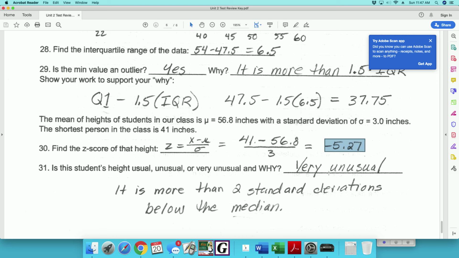If you're within 1 standard deviation, it's usual. If you're within 2 standard deviations, it's a little unusual. But if you're beyond 2 standard deviations, it's considered very unusual. And as you know, 42 inches is 3'6", so that is short. And that's the second part.